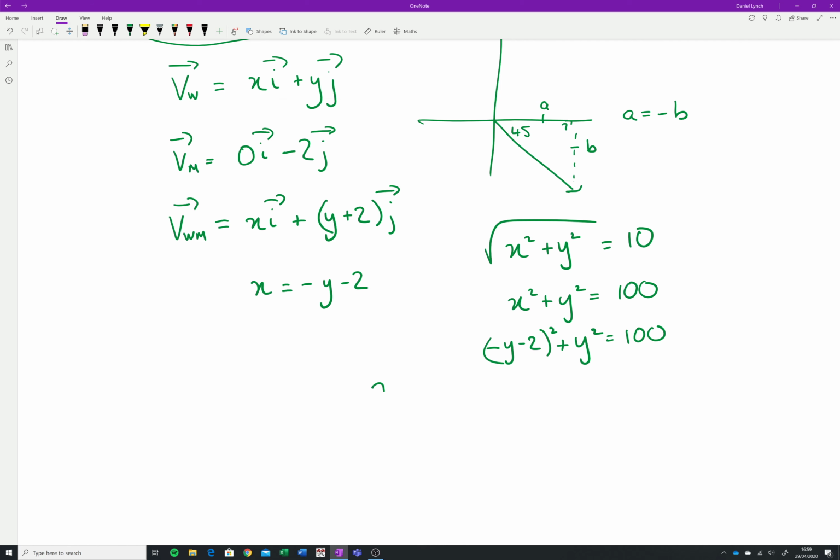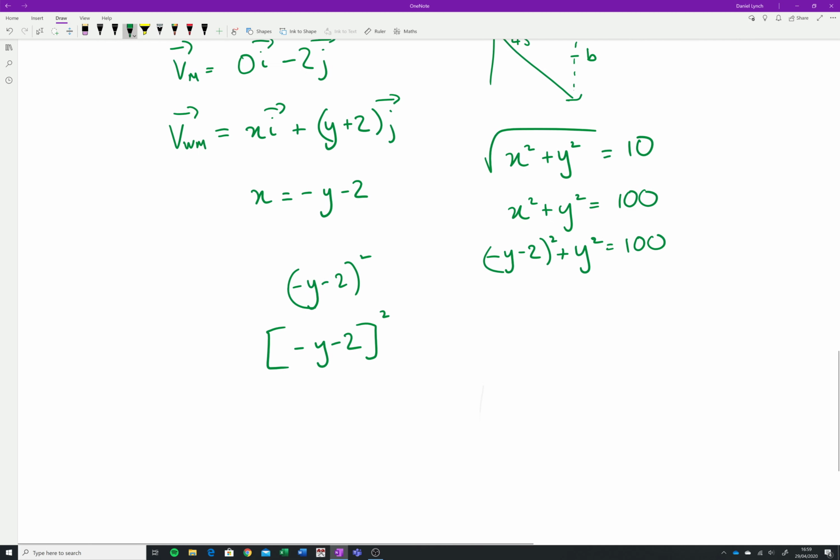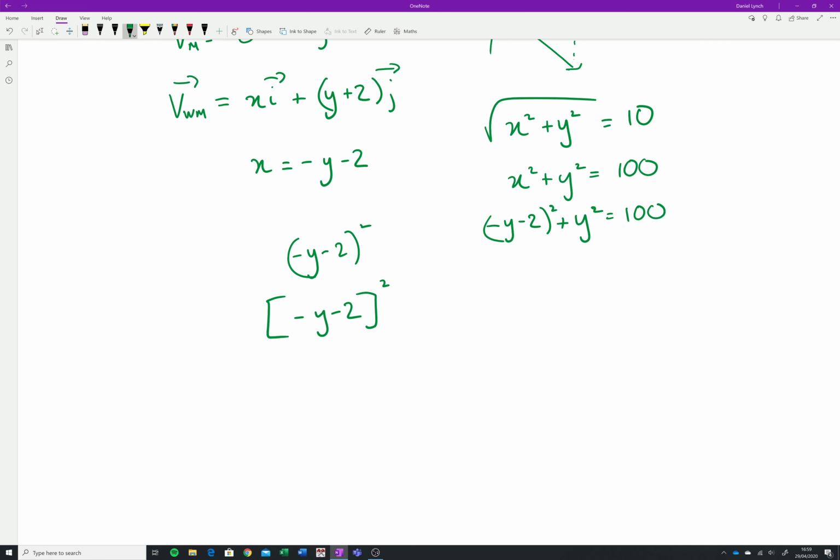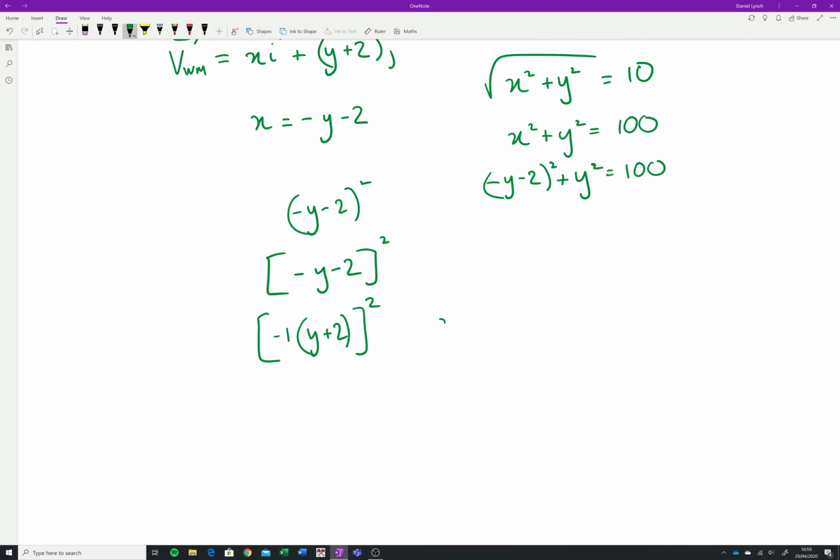Of course it is, because if you have minus y minus 2 squared, another way to write that is y plus 2 times minus 1. That's another way to write down minus y minus 2. It's being squared, and we have the rule that if you have a times b squared, it's a squared by b squared.